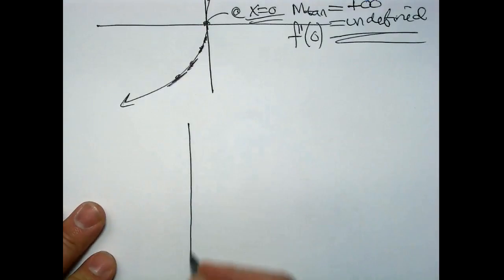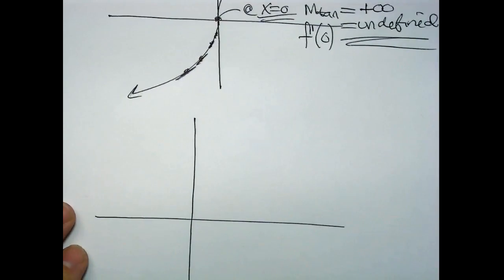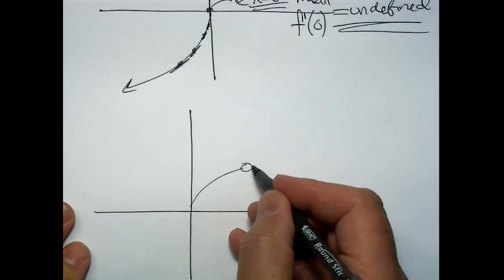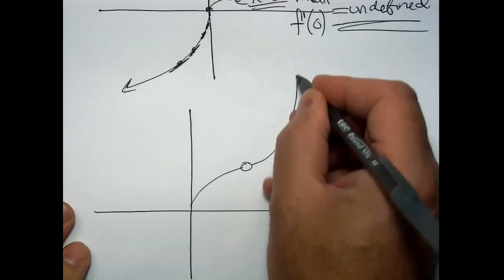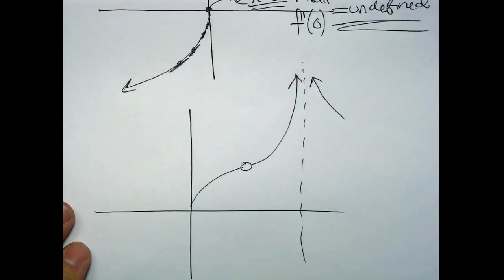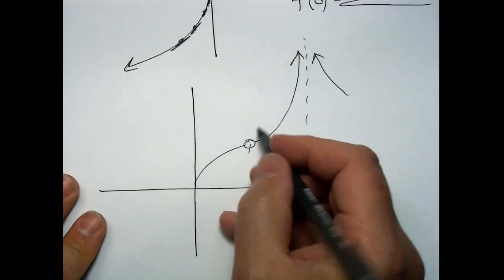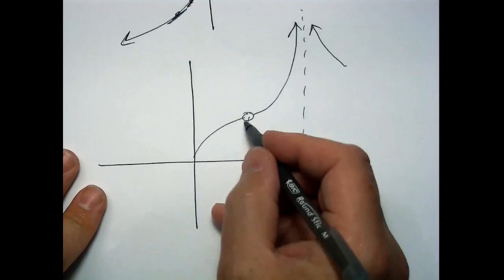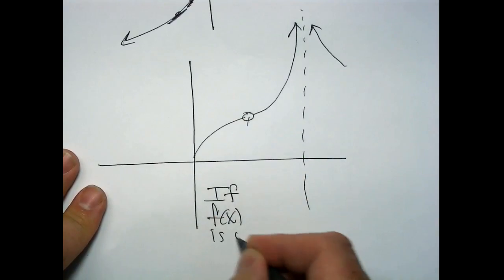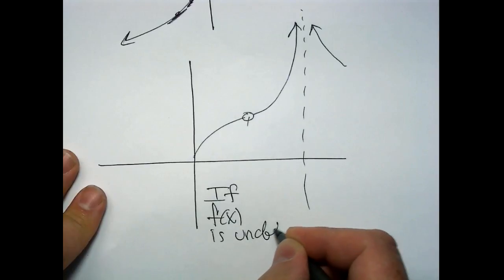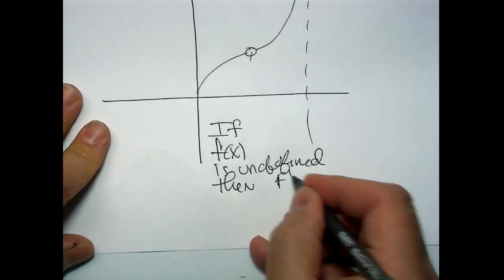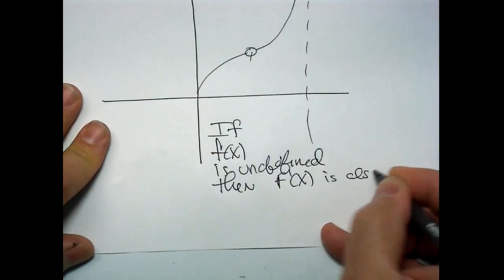And one more thing that might happen here is that either your function is undefined like that, or like this. Either way, you can't really balance up your tangent line. So if f of x is undefined, then f prime is also undefined.